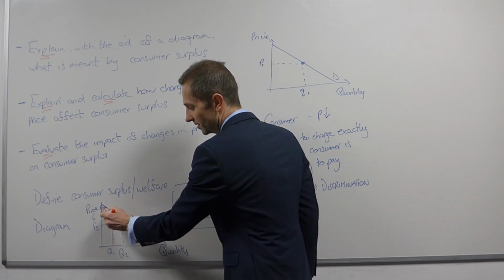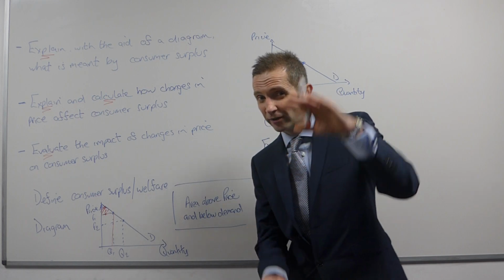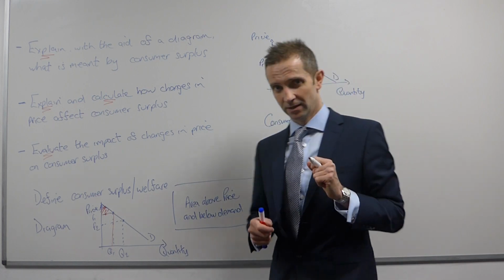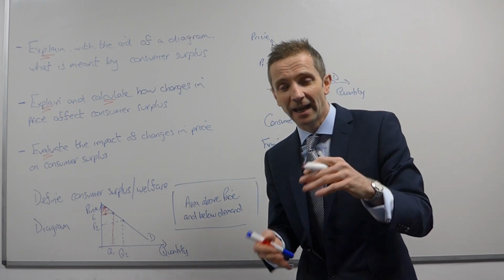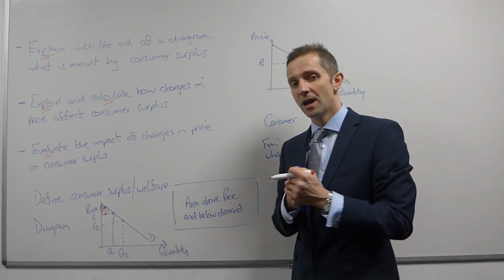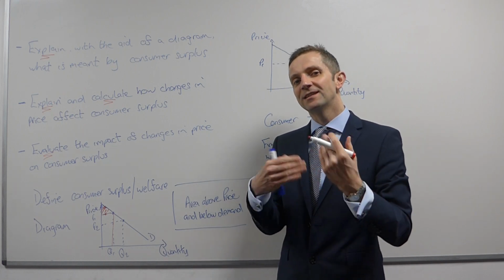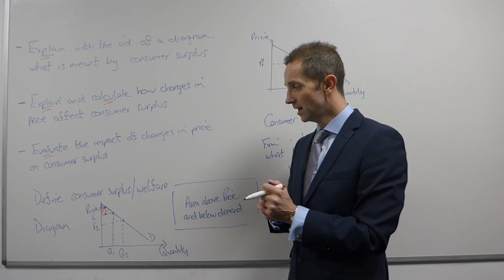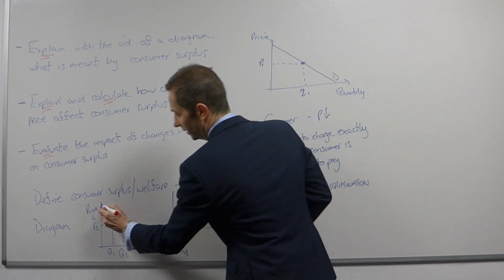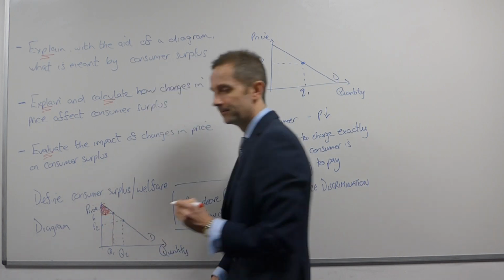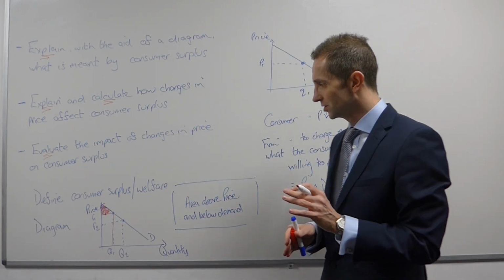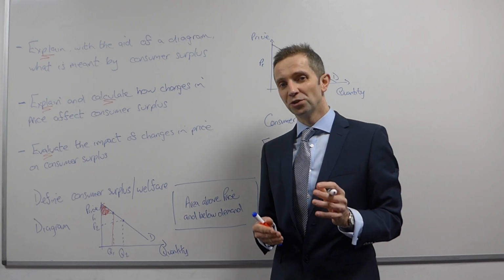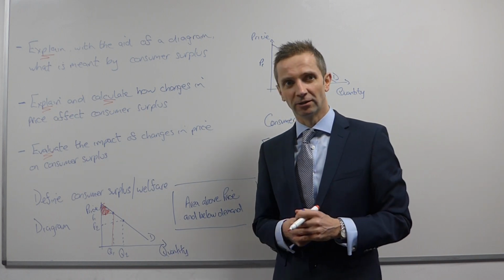There's a gap between your willingness to pay and the actual price paid. And that is the surplus, the additional satisfaction that you're receiving that you're not actually having to pay for. And so that triangle there would be the consumer surplus gained from consuming Q1 of this particular good or service.